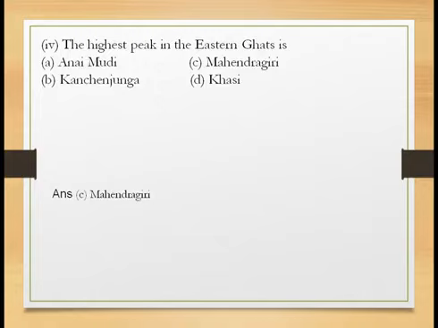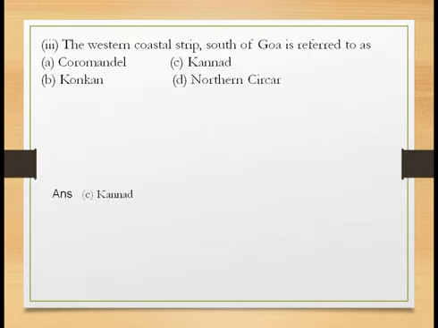So how to choose the correct answer from the given alternatives, I have stated to you just now. If you already know the highest mountain peak in the Eastern Ghat is Mahendragiri, no need to see any option. Directly click Mahendragiri and you will get the correct answer. In the third one, if you directly know the correct one, directly write the answer.